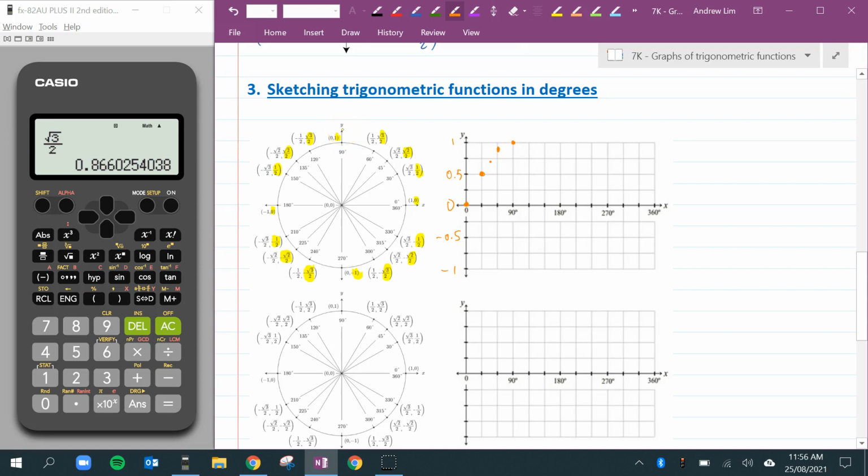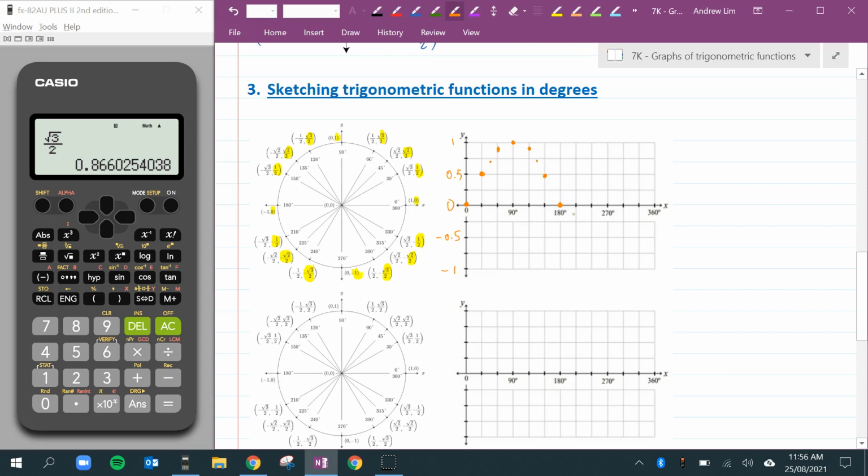Let's keep going. 120 degrees is root 3 on 2, which we already know is up here, about 0.87. Sine of 135 degrees is root 2 on 2, about 0.71. I'm sorry, it needs to be over here. Sine of 150 degrees is half. Sine of 180 is 0.